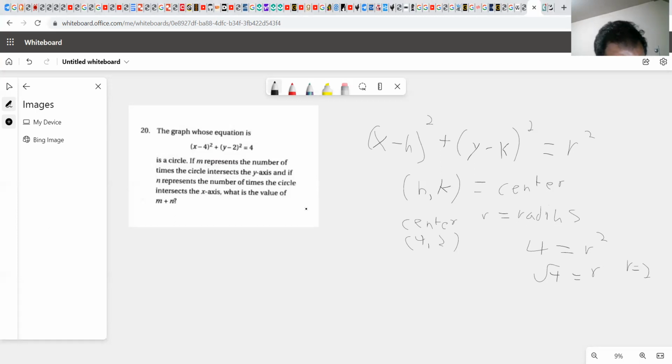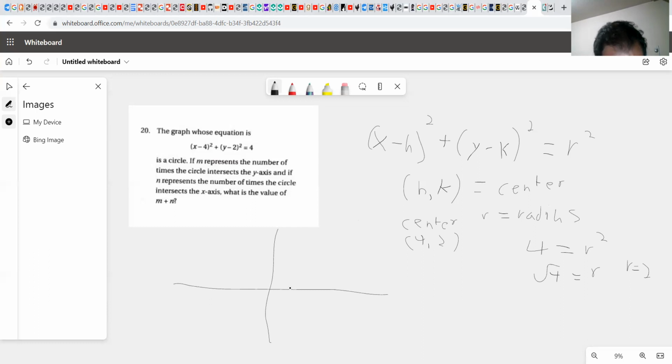We want to try to draw a sketch of a graph of this to get an idea of the intersection points on the y-axis and the x-axis. Okay, so here's a graph. Start with the center, which is (4, 2).